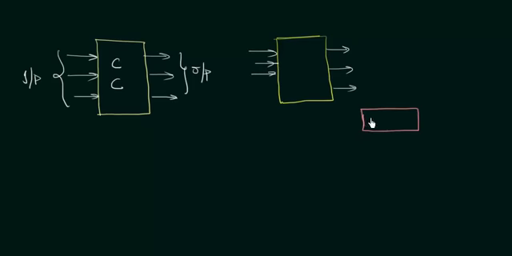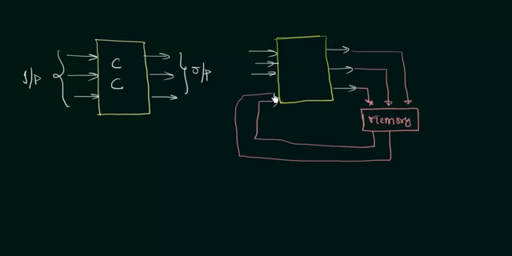This one is our memory element, because we need to store the previous outputs, and it is stored in this memory, which is a flip-flop actually. So the output goes into the memory element, and from the memory element it goes back as one of the inputs. Depending upon this input and these inputs from the memory element, the output is generated, and again the output is stored in this memory element.